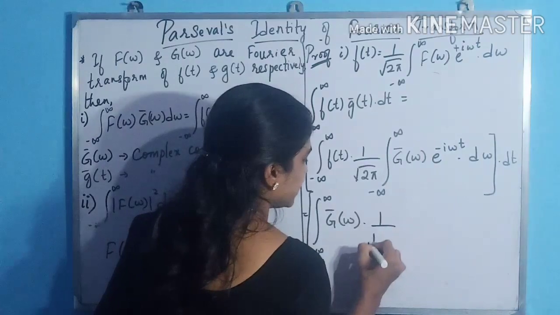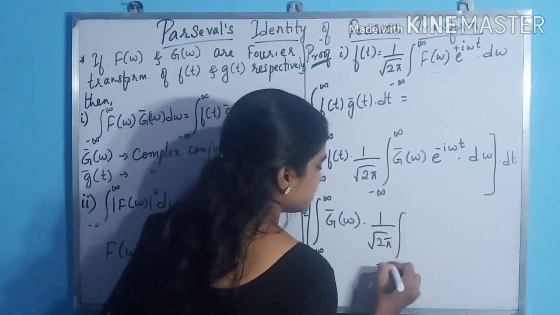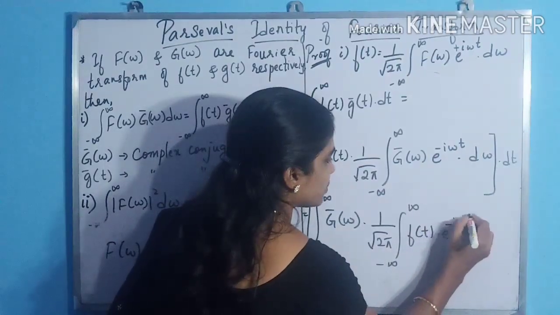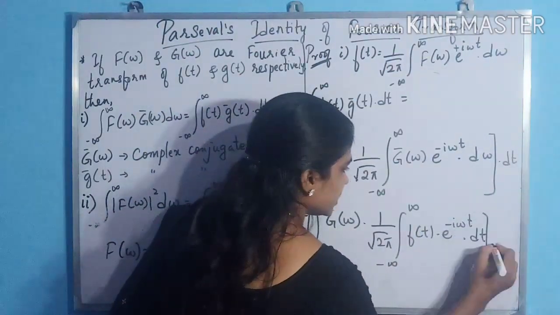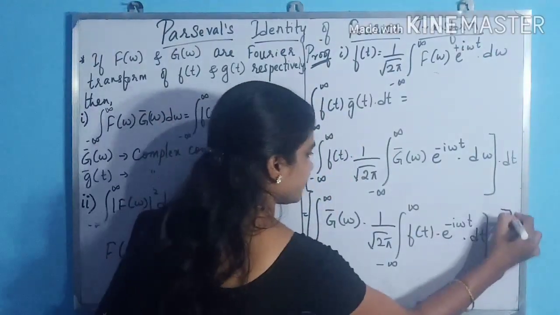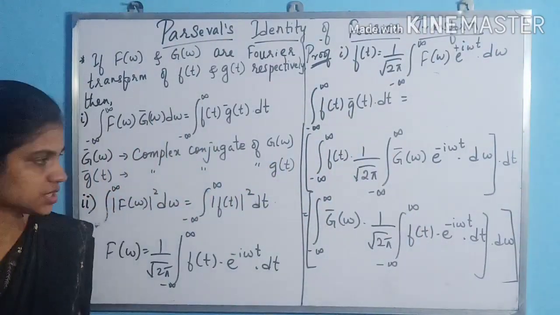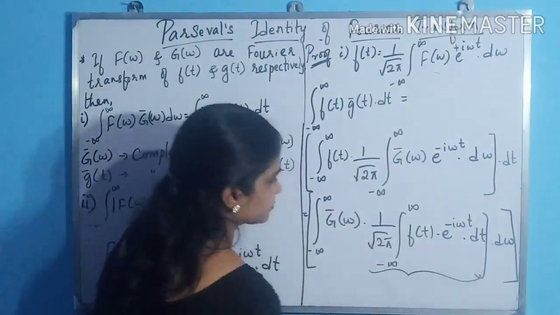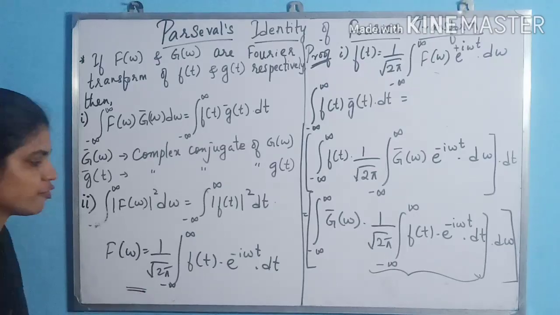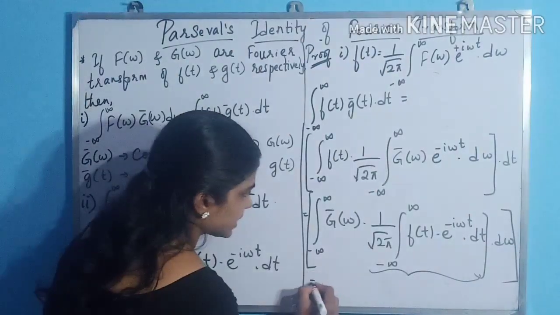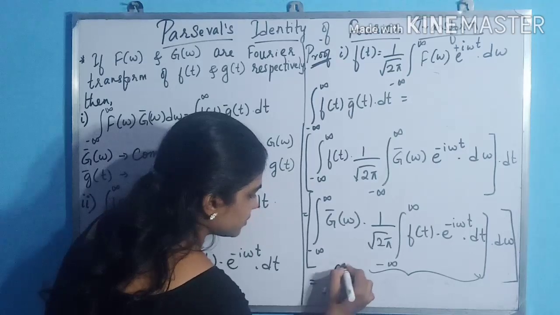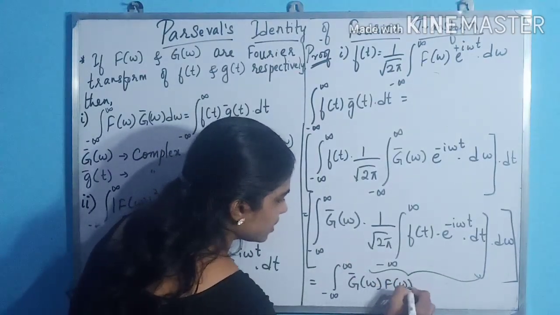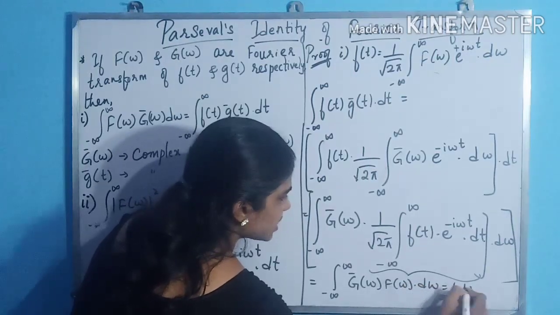So that is 1 by root 2 pi integral from minus infinity to plus infinity of f of t e to the power minus i omega t into dt and d omega. This is how I am interchanging the integrals. Now what is this? This is nothing but F of omega. So I can write it as the integral from minus infinity to plus infinity of G bar of omega F of omega d omega, and this is our LHS.